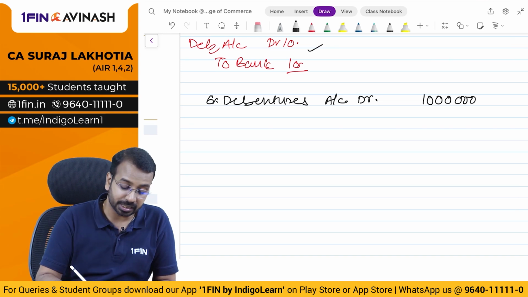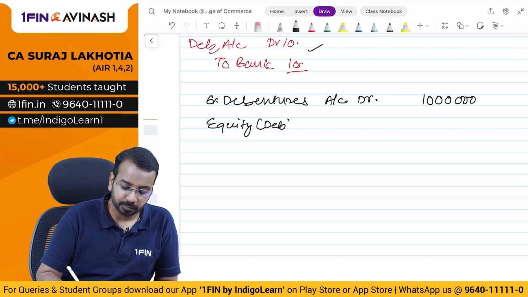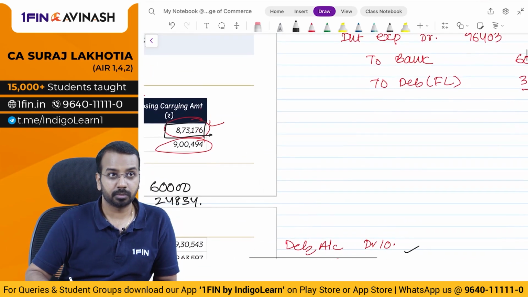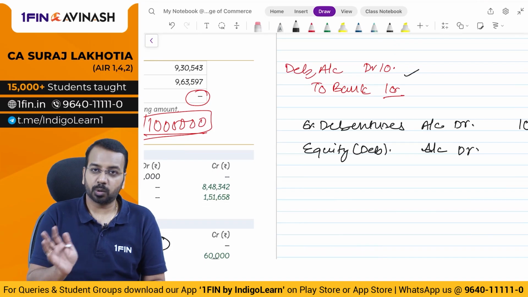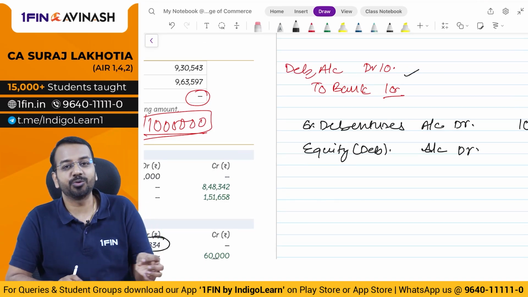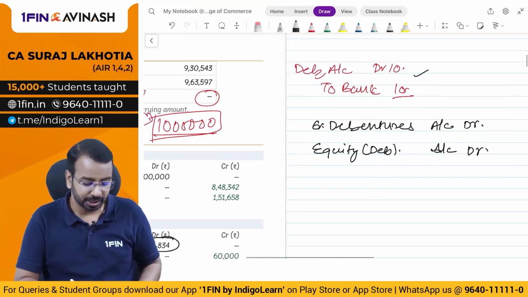But not only this, we had that equity component, right? That account also we have to close. That equity balance, whatever was recognized initially, even that will be used to issue the equity shares, because that was the equity component we had recognized. Against that we are issuing equity shares.